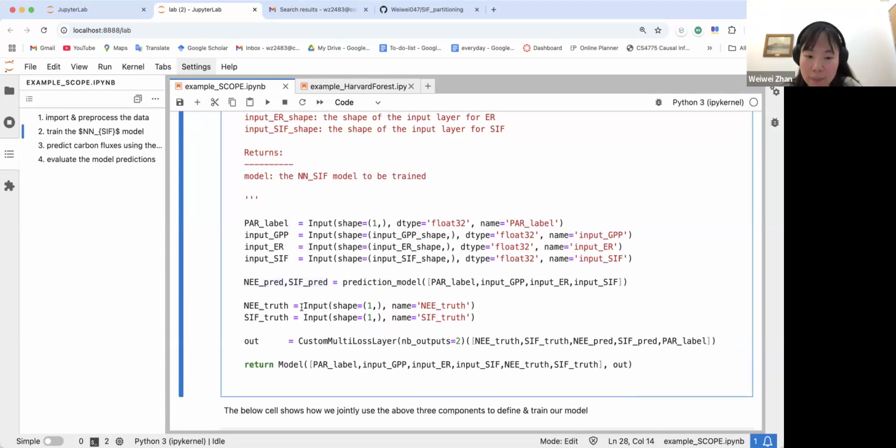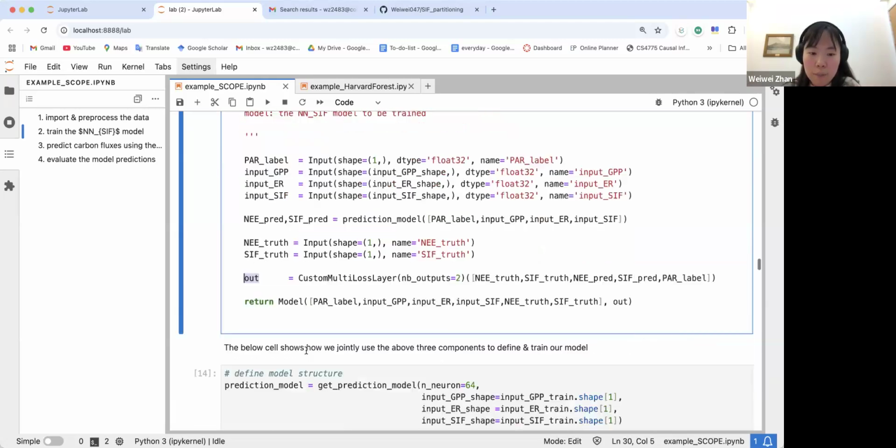And in the meantime, we also know the truth value for NEE and SIF. So right now we use the custom loss function to link these two together to get the final output. This is a loss. So this quantifies the distance between our model prediction and the real observation.